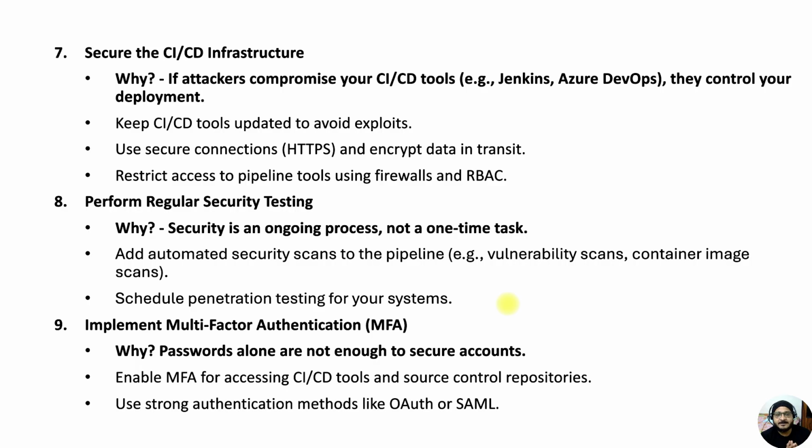If you are using containerization for your application, you should always check the Docker image which you are generating or pushing to the container registries. You should also scan your container image. From time to time you also have to do penetration testing on your system, to see if there are any loopholes which we can identify and then fix.